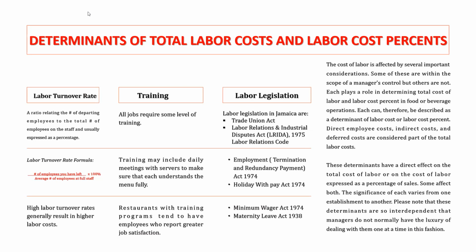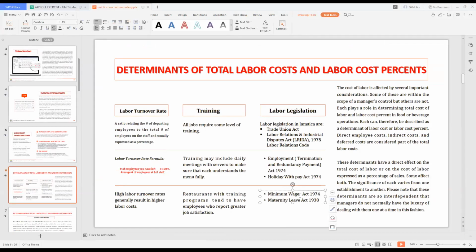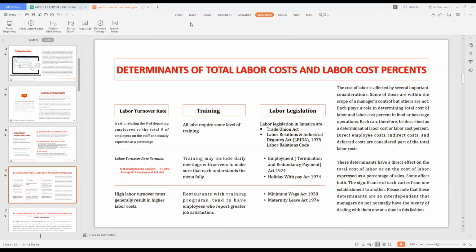The Minimum Wage Act of 1938 allows for the fixing of minimum wages to be paid to certain categories of workers.